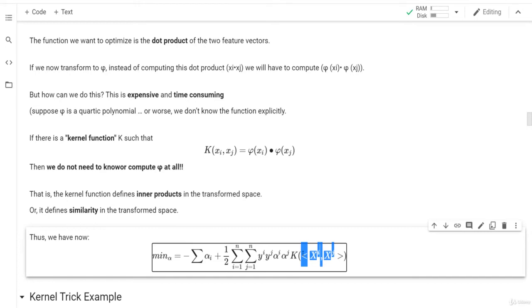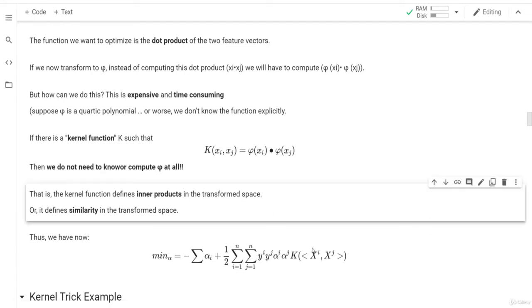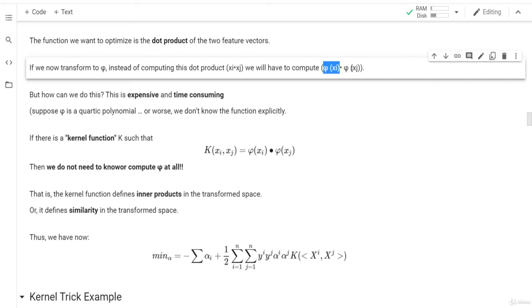We cannot really decrease or remove this part, so we will compute it like any machine learning algorithm. We will compute the dot product between them, and after that we will just see what the value should be in the kernel. This is basically what happens using the kernel trick. We don't need to compute phi of xi and phi of xj and then the dot product between them. This is very time consuming and expensive.